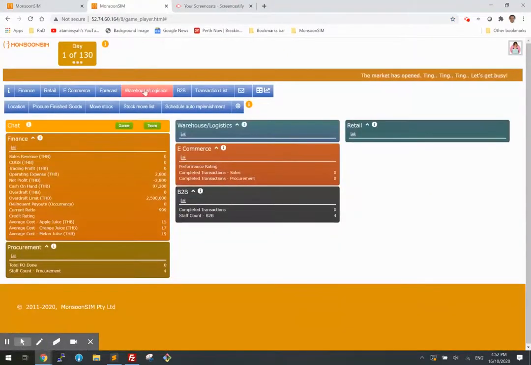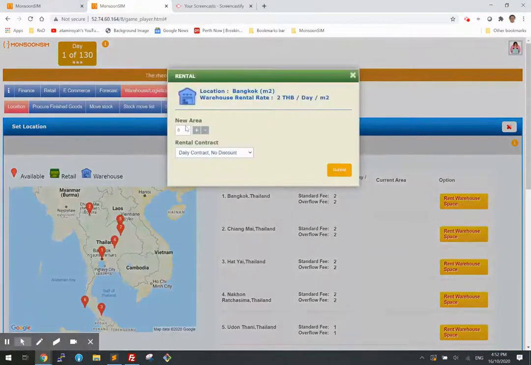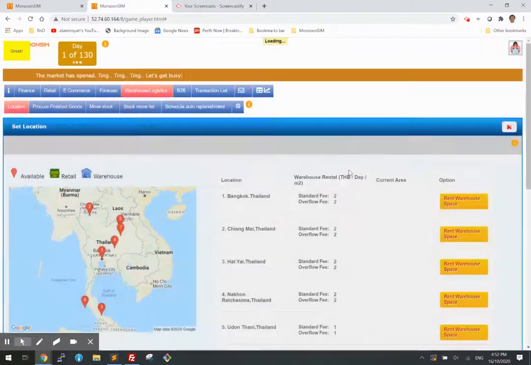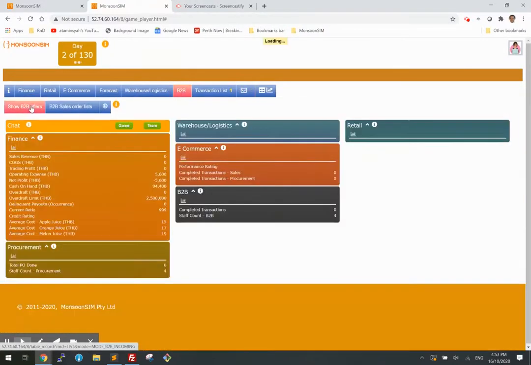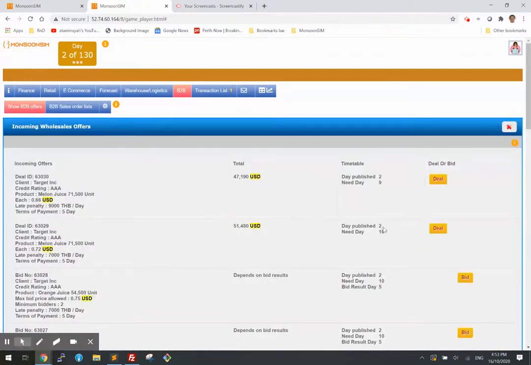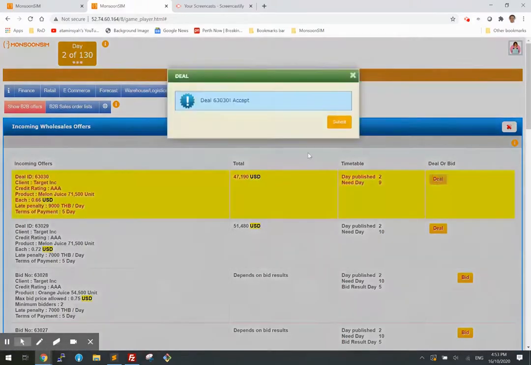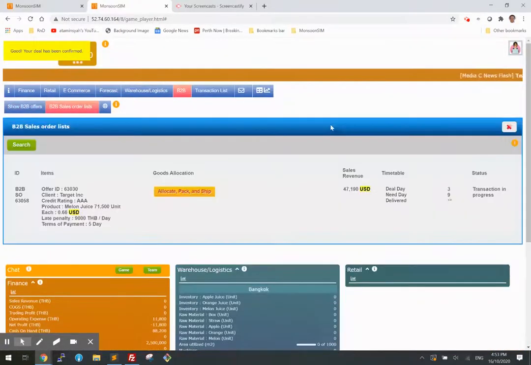Now I'm going to go to warehouse and get a location set up. I'm going to just use Bangkok for 1,000 meters. And immediately I'm going to go for a deal, B2B. Let's say I'm going to sell melon juice export, and I'm going to grab this deal.